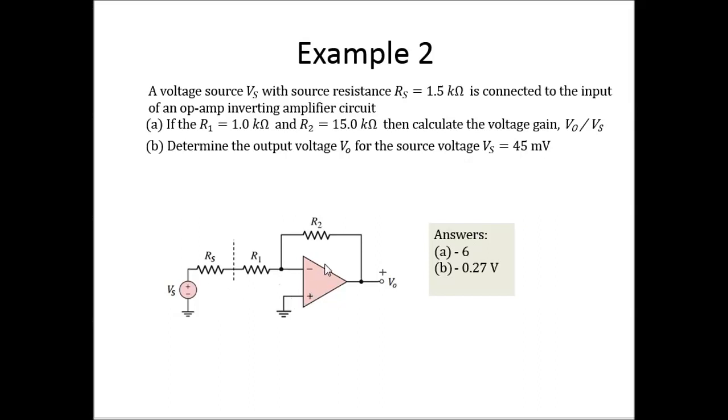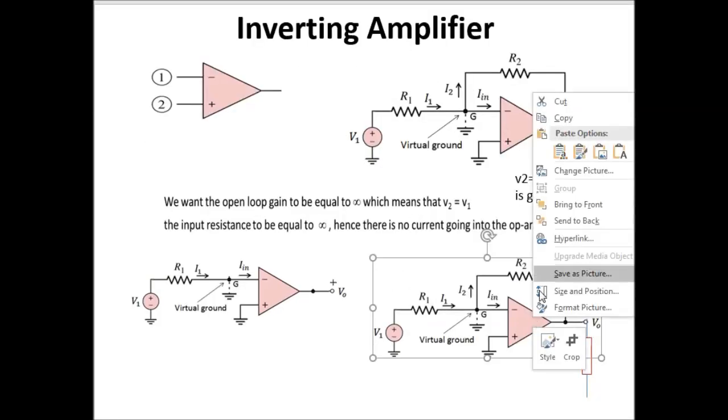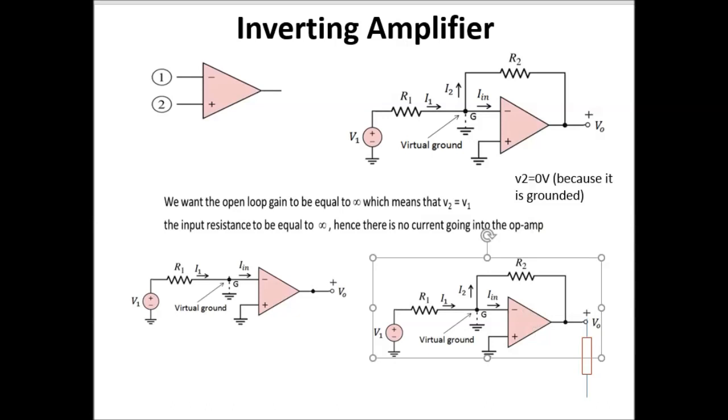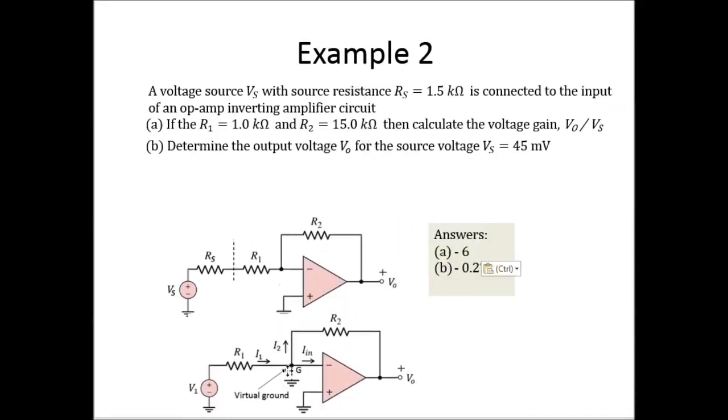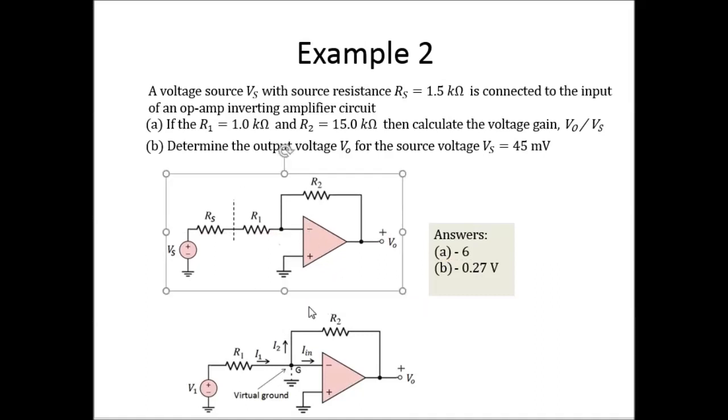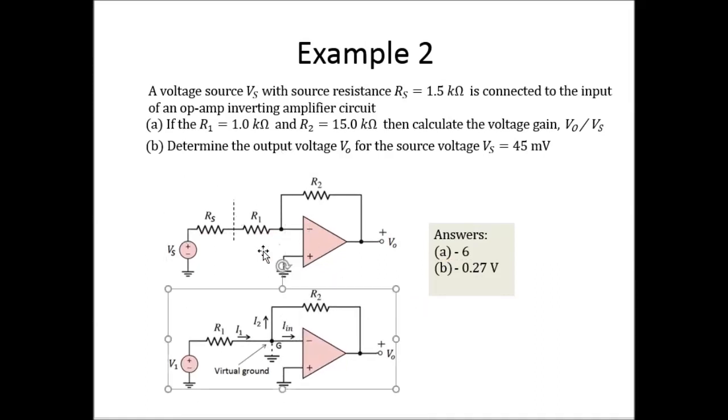In order to make this configuration similar to the standard inverting amplifier, I copy this and paste this here. What do we need to do with the two resistors that are connected this way?